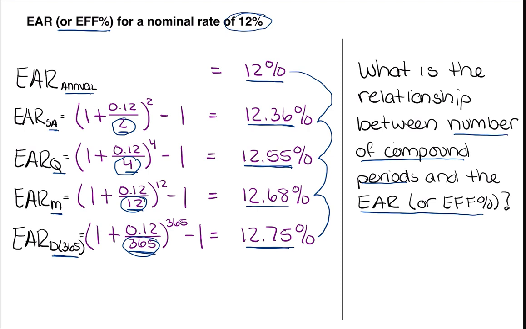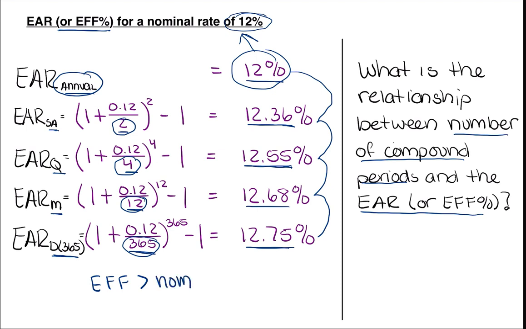Okay, so the only time the nominal rate will be equal to the periodic rate is if we have an annual compounding period, right? Otherwise, if we're compounding more than once a year, our EAR, or our effective rate, will be greater than our nominal rate.